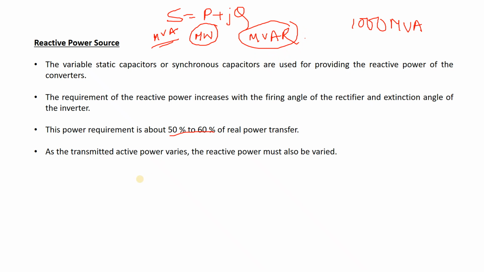So we have to reduce the amount of reactive power, but we cannot reduce that because the converter station will consume reactive power. That means we have to reduce the contribution of reactive power from the actual alternator. If the alternator is contributing 50 to 60% of the reactive power generated by it to the converter, then very little active power will remain for transmission.